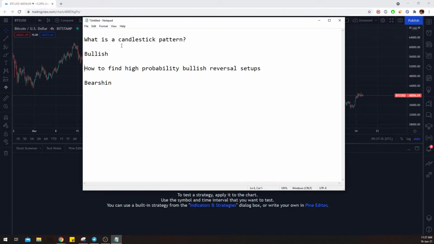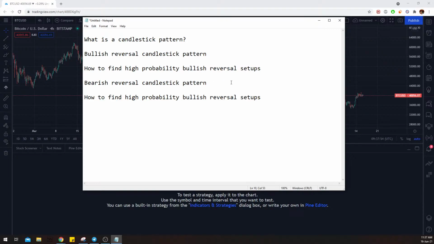Well, but let's put it more beautiful. So bullish reversal candlestick patterns, bearish reversal candlestick patterns. At the same time, how to find high probable bearish reversal setups.